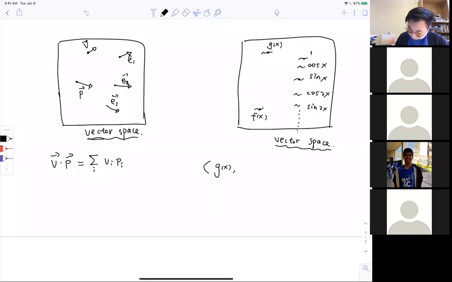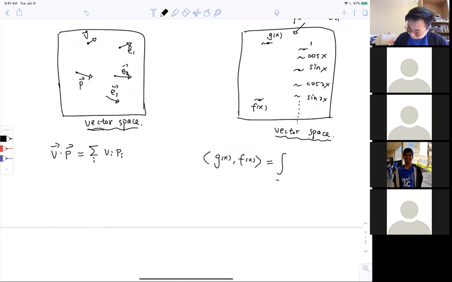We generally write it like this. Assuming all the functions are periodical functions, with period 2 pi, then the integral goes from minus pi to pi. So maybe say it's proportional to this integral, dx.